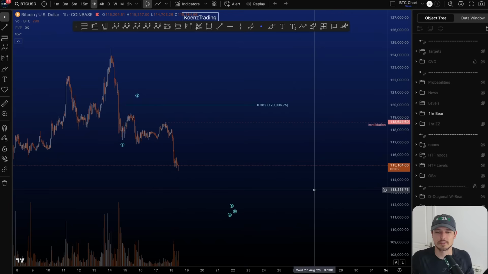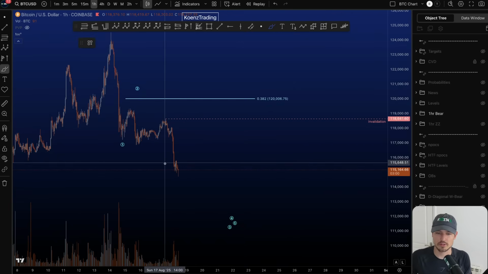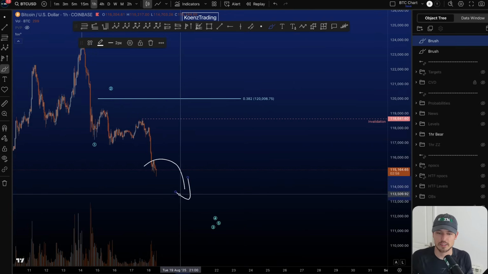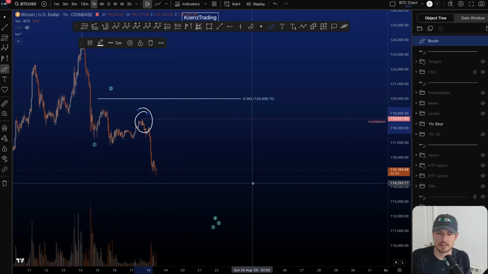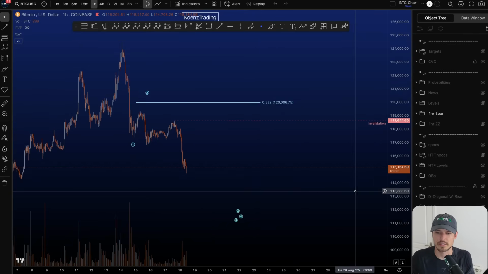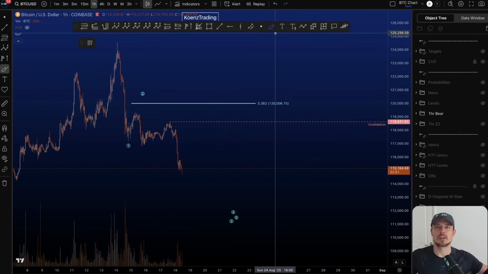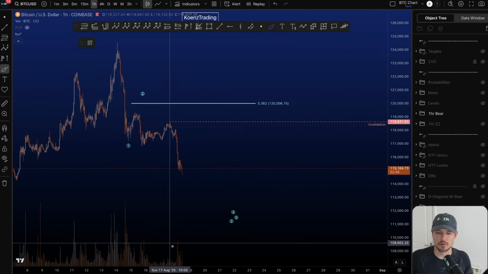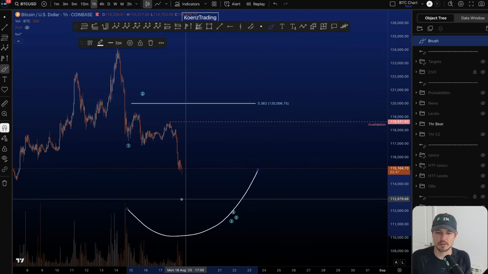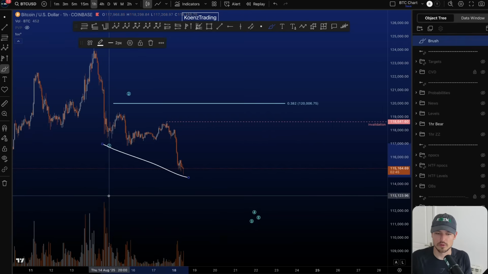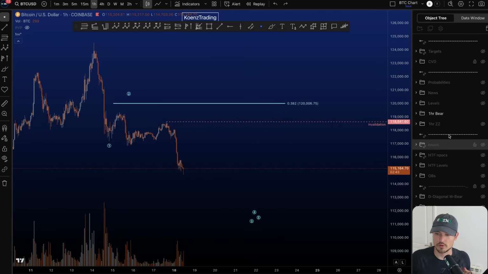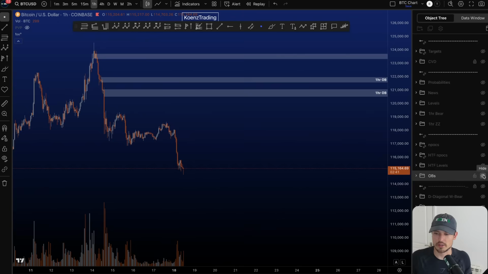So what we like to see is weakness to continue, price keeps falling, does not take out this high at 118.6K, and it keeps falling on an increased amount of volume. You want the volume to increase, and at the moment we have a new low on a lower amount of volume.